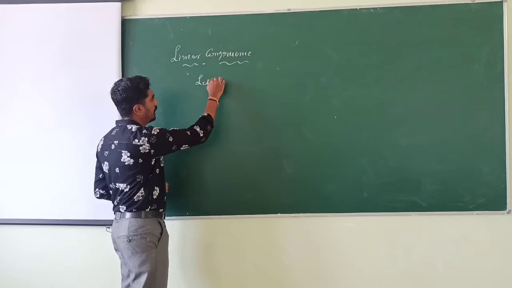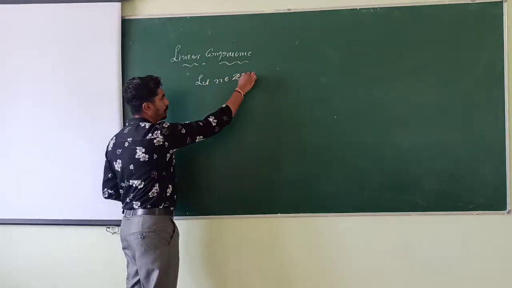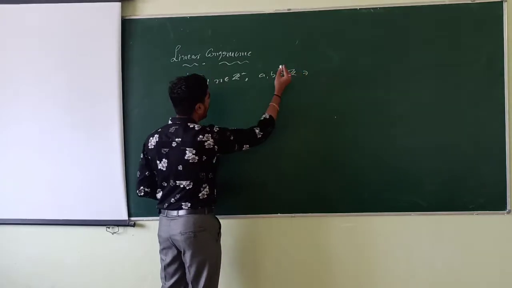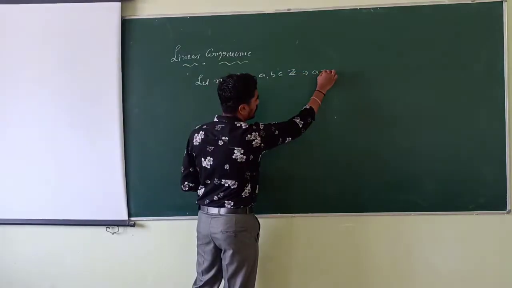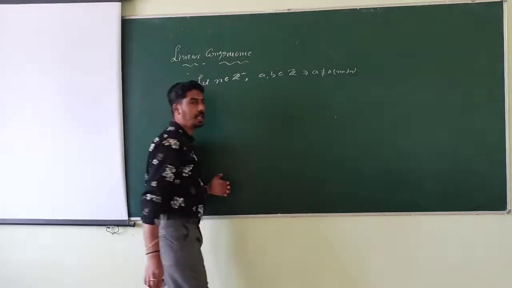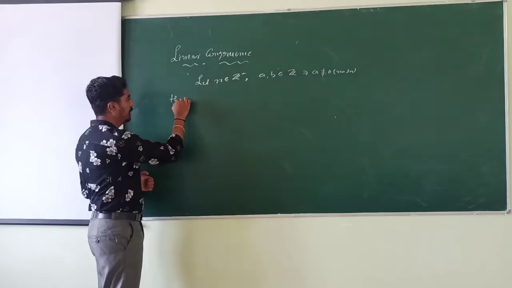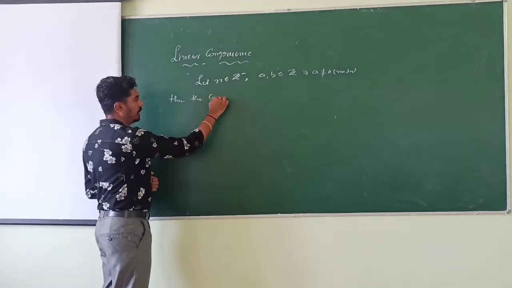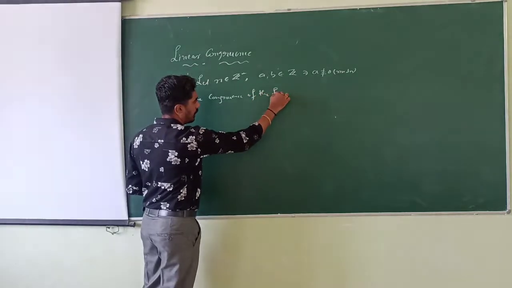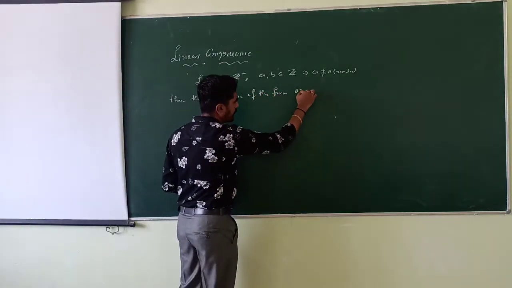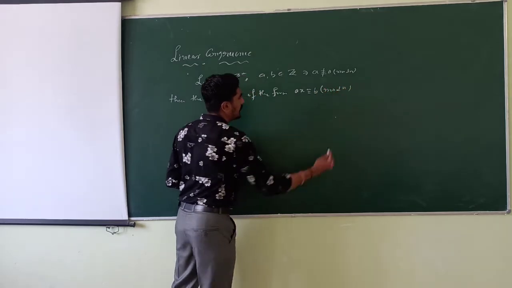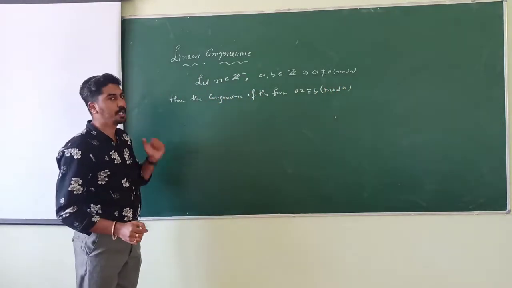Let n be a positive integer, and a and b are any two integers such that a is not congruent to 0 modulo n. Then a congruence of the form ax congruent to b modulo n is known as a linear congruence.